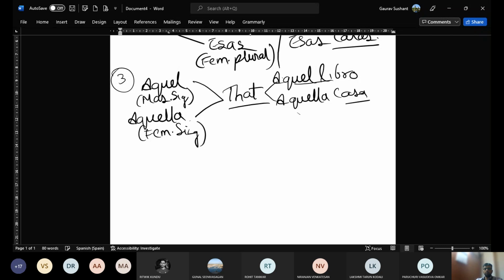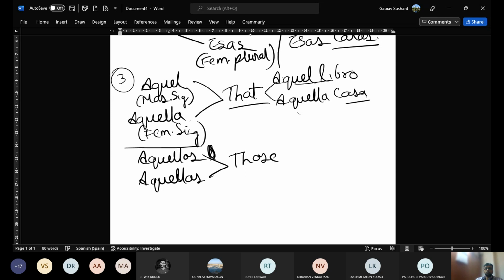So both of them will refer to that. Then you will have the plural also. The plural will be aquellos. Okay. And then plural feminine will be aquellas. So both of them will refer to those. Checking the example. Okay. If you are able to see that.